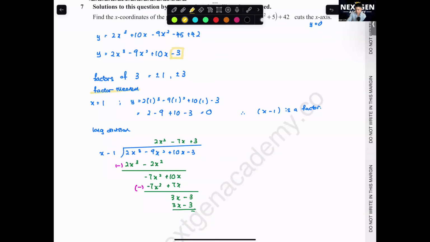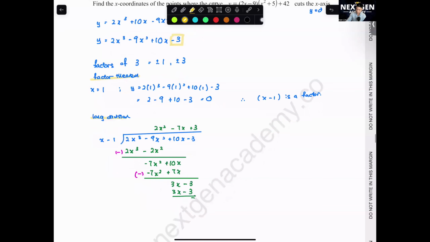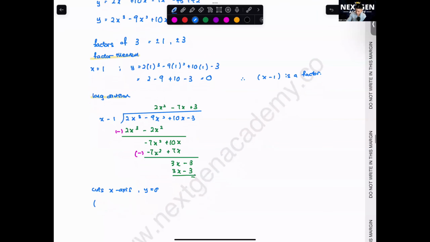Factor theorem, long division. Since the curve cuts the x-axis, we will write down y equals 0. So we rewrite this as x minus 1, 2x squared minus 7x plus 3 equals 0.